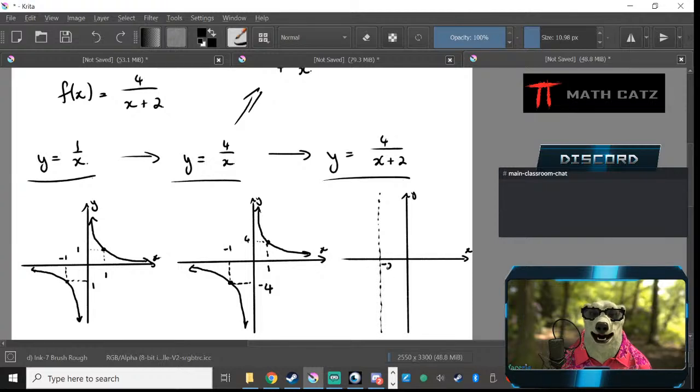Put it over there, -2. My shape is still the same. I try and ignore the y-axis when I draw the shape because, for reference purposes, my center line is this vertical asymptote.